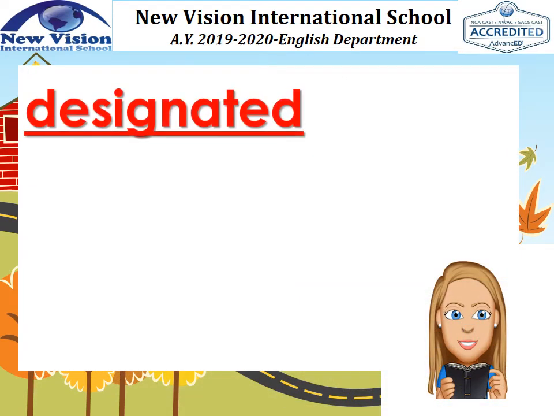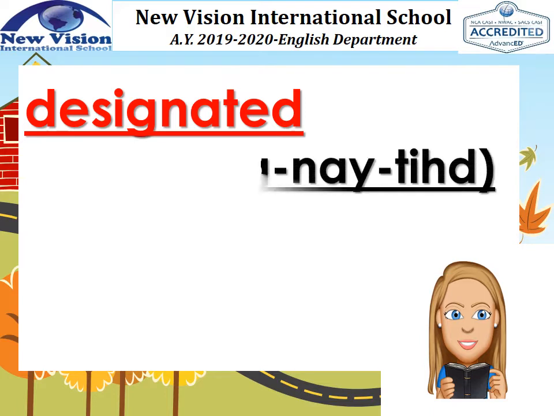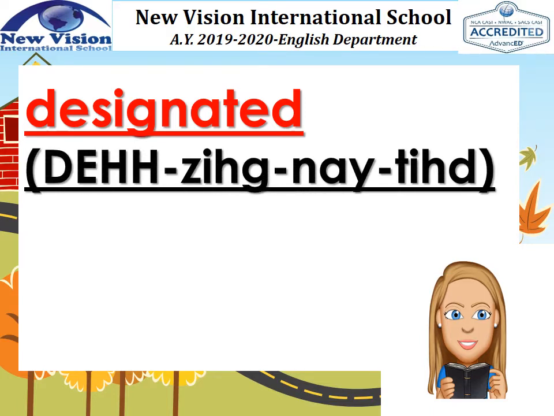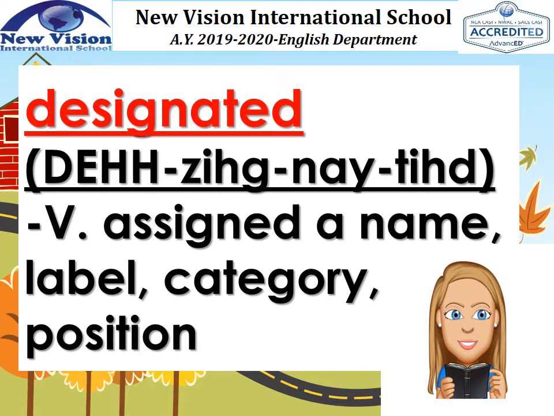How about this word? Say, designated. Again, designated. Good job. This is a verb which means assigned a name, label, category, or position. Just like me now, I am your teacher for now. I am designated as your teacher.